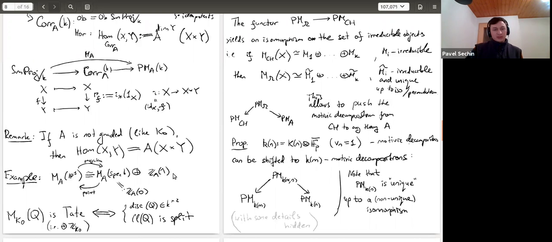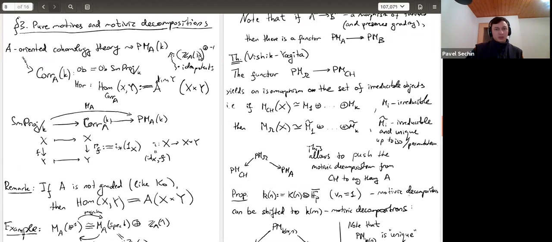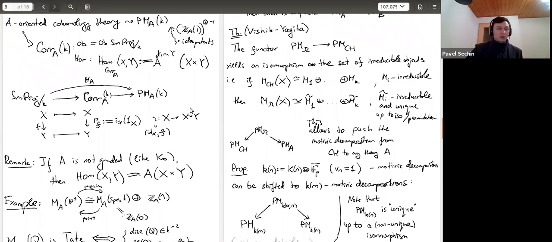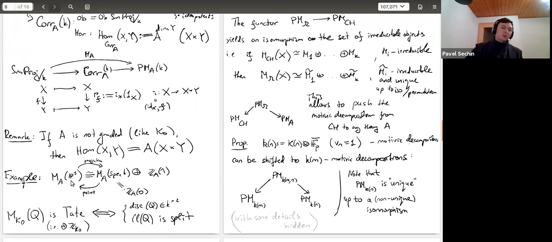Two brief examples. The first example: what is this Tate motive Z(1)? You can consider the motive of a projective line and see that the motive of a point splits off from it, because you can choose a point on it, and you can consider the projection from P1 to this point, and this defines an idempotent in this object.